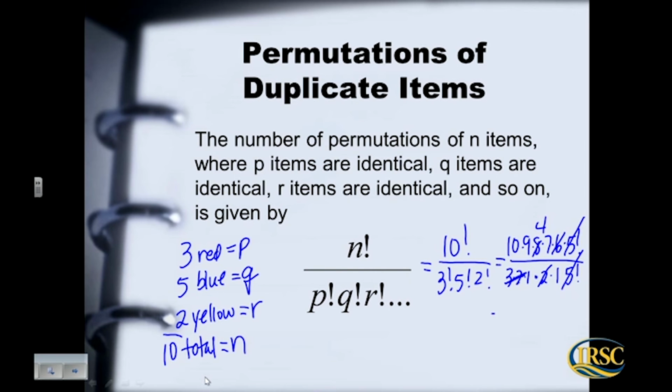And what's my final answer here? 10, 9, 4, and 7 multiplied together. 2520. Okay, so because some of these items were identical, there's only 2,520 ways to arrange them if you use all of the items.